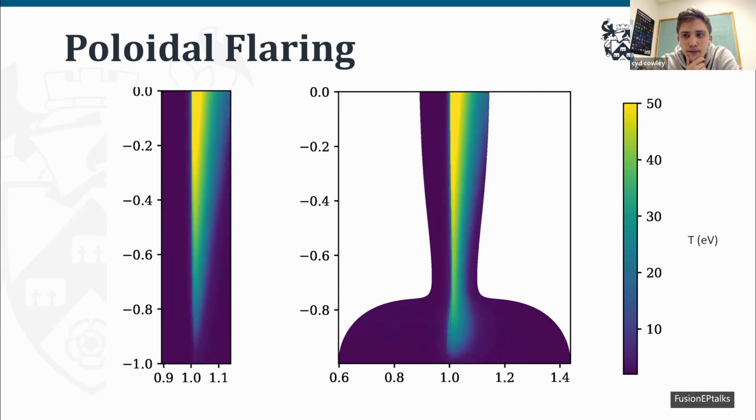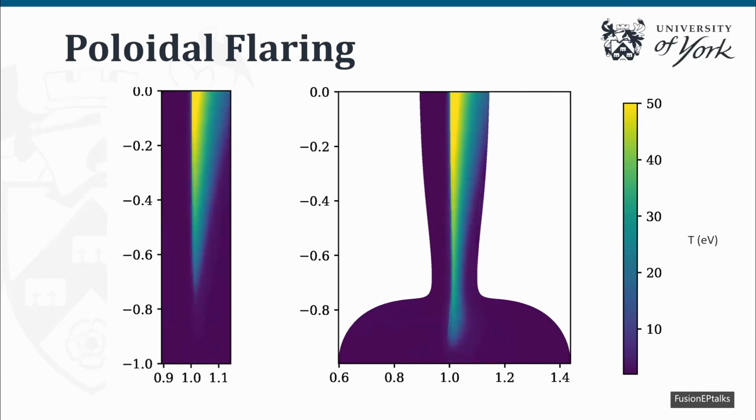Hey, Matthew. Hello. Thank you very much, Cyd, for the really interesting presentation. I've learned a lot. I was wondering if you might be able to say anything about the interest of these potential solutions to the increased exhaust problem from the perspective of moving towards the spherical tokamak concept.